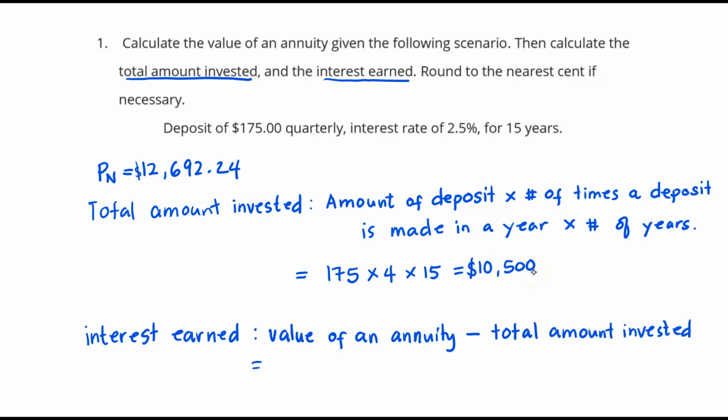With that, the value of an annuity in this case is $12,692.24 minus the total amount invested, which is $10,500. Plugging this into your calculator, you get $2,192.24. So that means $2,192.24 is the total interest earned.